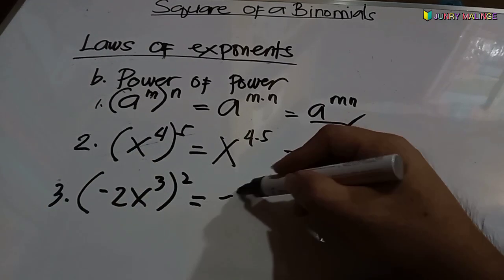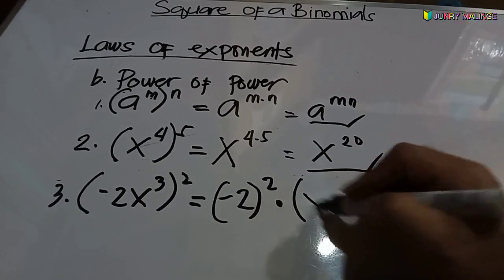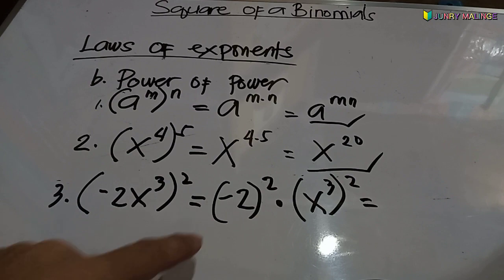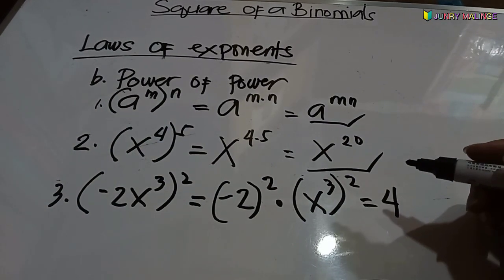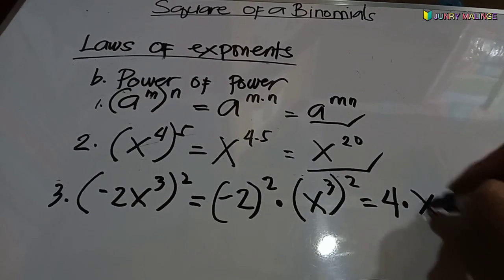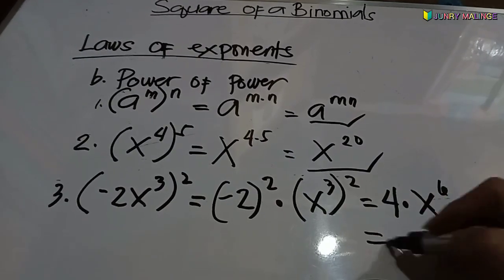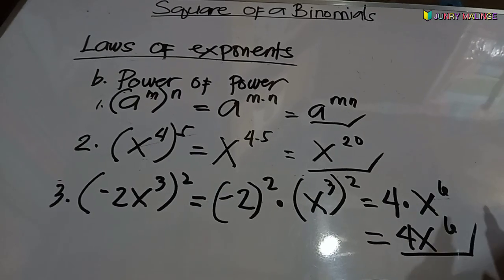So, we have negative 2 raised to 2 times x raised to 3, raised to 2. Then we're going to multiply. Negative 2 times negative 2, we have positive 4, because negative times negative is positive. Times x, we're going to copy the x. Then 3 times 2, we have 6. So, we have 4x raised to 6. This is our final answer.